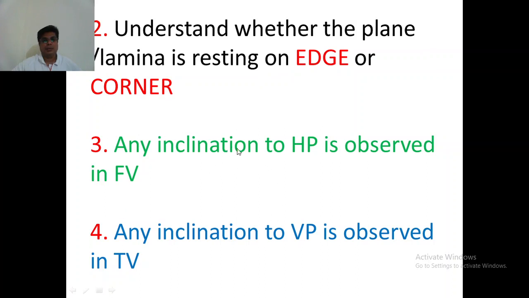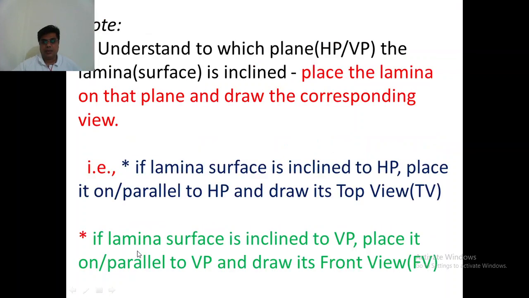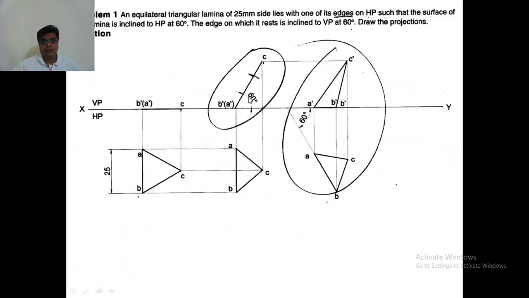And one more thing: any inclination to HP can be seen in the front view, and any inclination to VP can be observed in the top view. If you go back here, you can see the inclination with respect to HP is seen in the front view, and the inclination with respect to VP is seen in the top view on HP. Keep these points in mind.